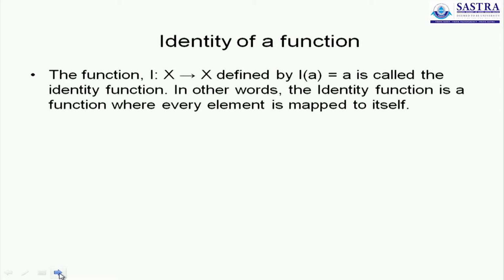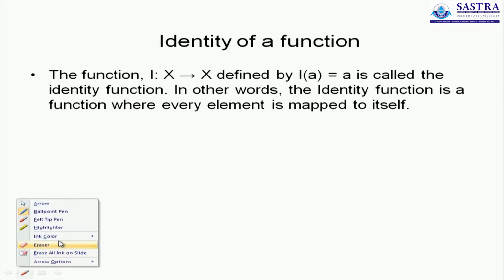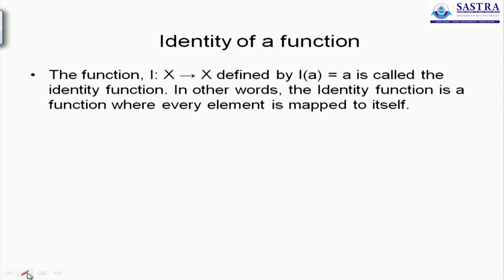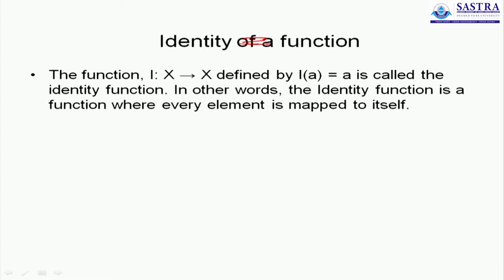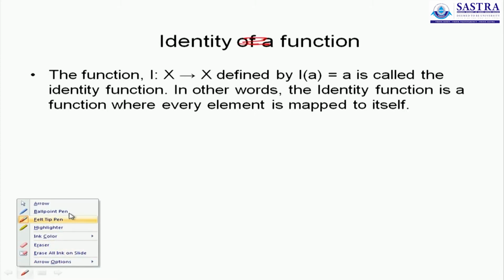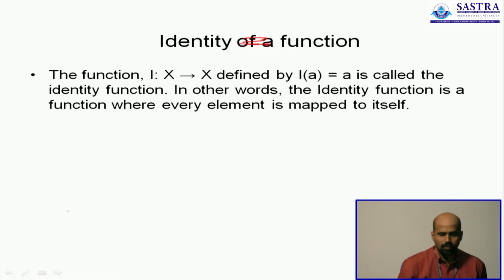Okay. The next is a very easy function to understand. It's called the identity function. A function I from a set X to itself is called an identity function if every element is mapped onto itself.